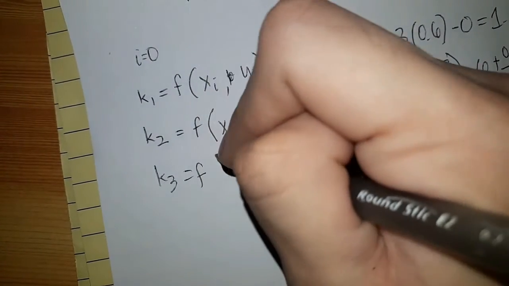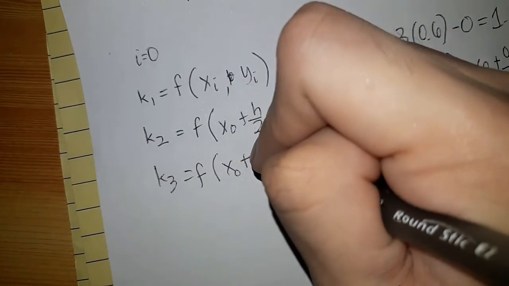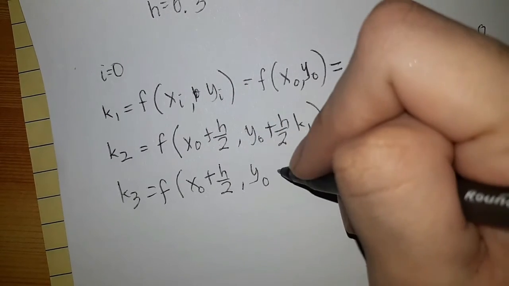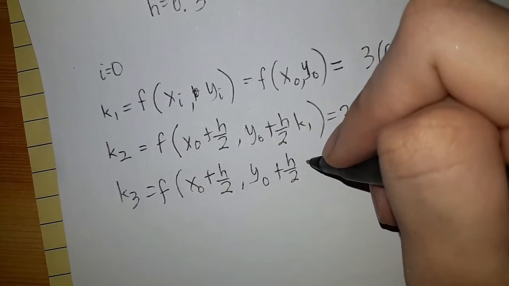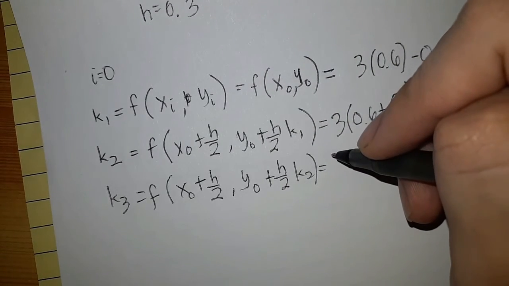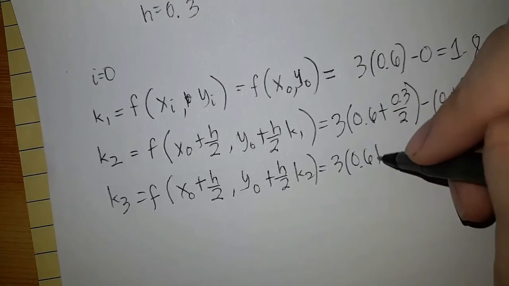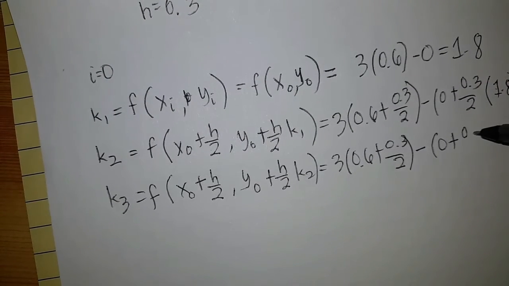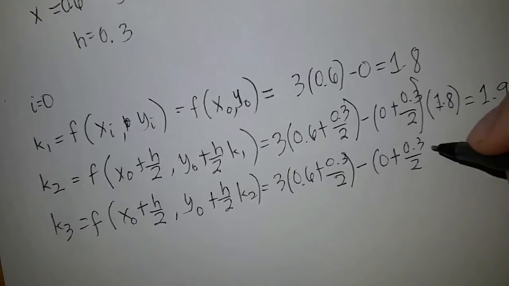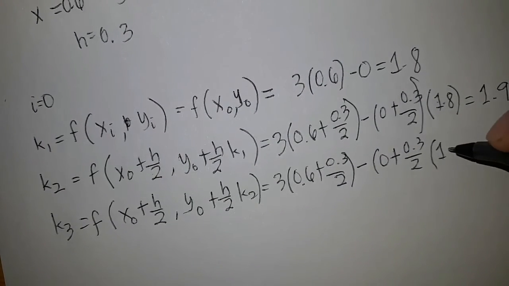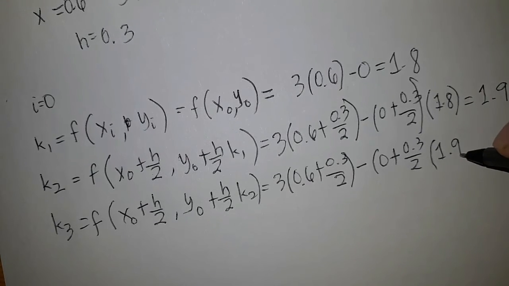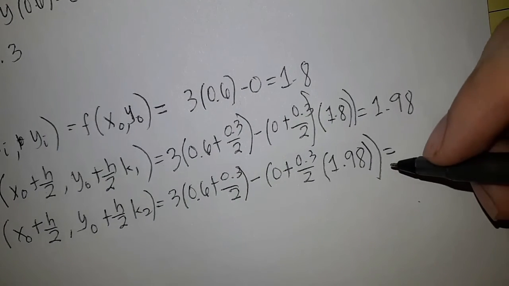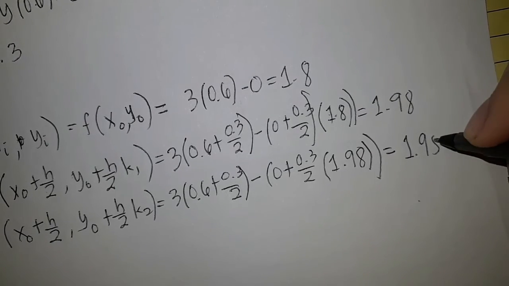It is equal to the function of x sub 0 plus h over 2, y sub 0 plus h over 2 times k2, which is equal to 3 times 0.6 plus 0.3 divided by 2 minus 0 plus 0.3 times k2, which is equal to 1.98. So k3 is equal to 1.953.